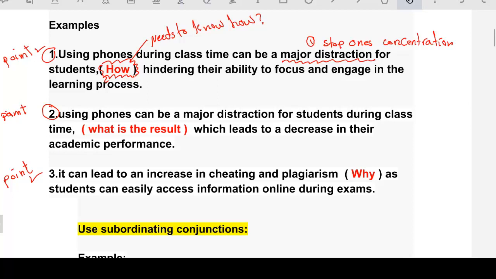Okay, how? He gave here by hindering, and hinder means to stop their ability to focus and engage in the learning process.